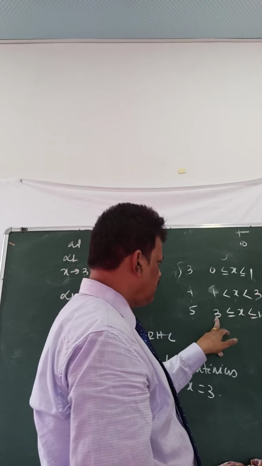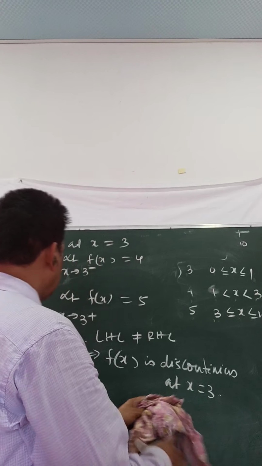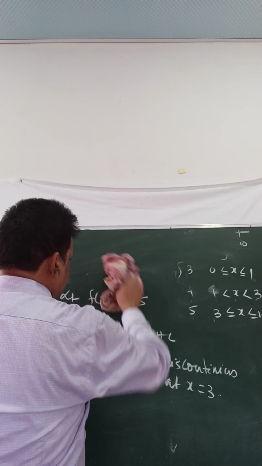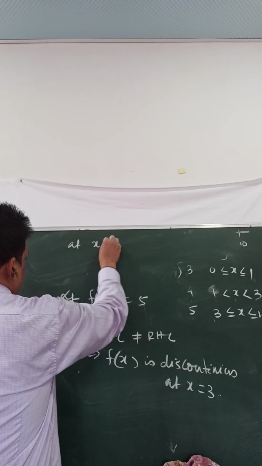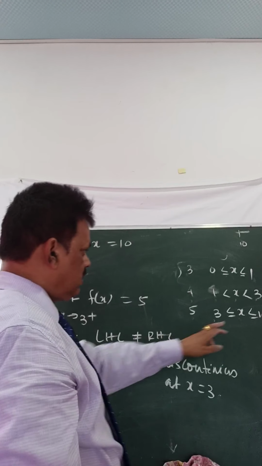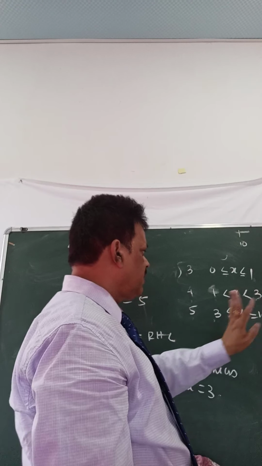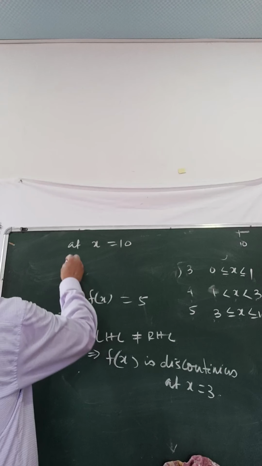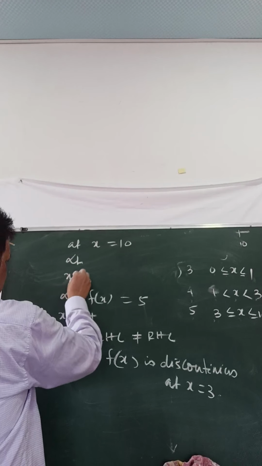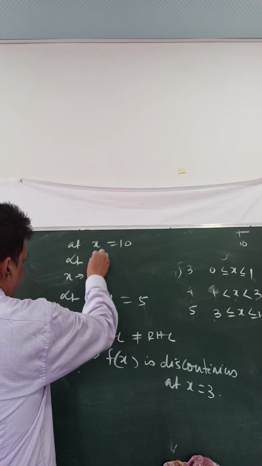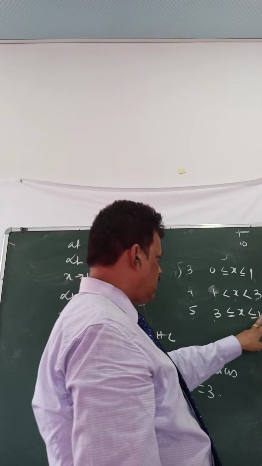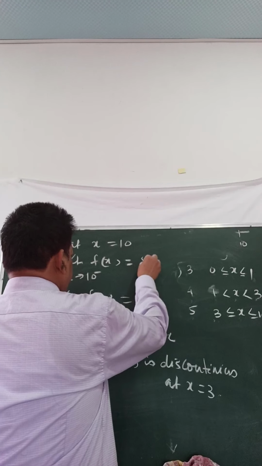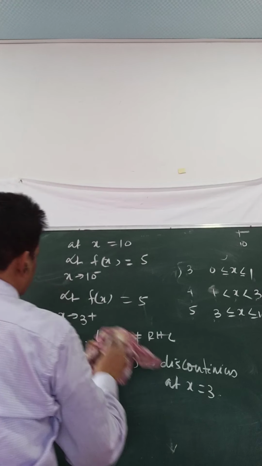3 is over. Now go to 10. At x equals 10, x less than 10 means only the left hand limit is given, no right hand limit. So limit x tends to 10 minus f(x), less than 10, the value is 5.